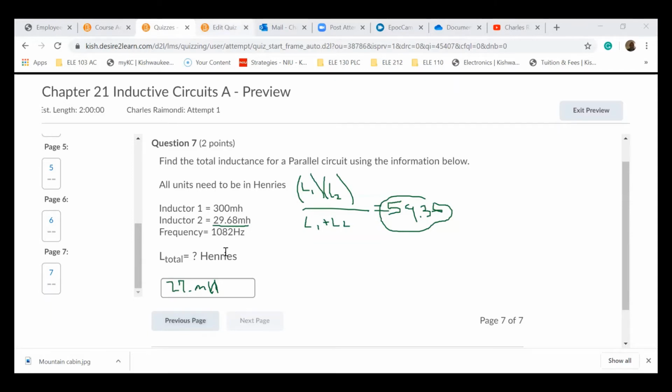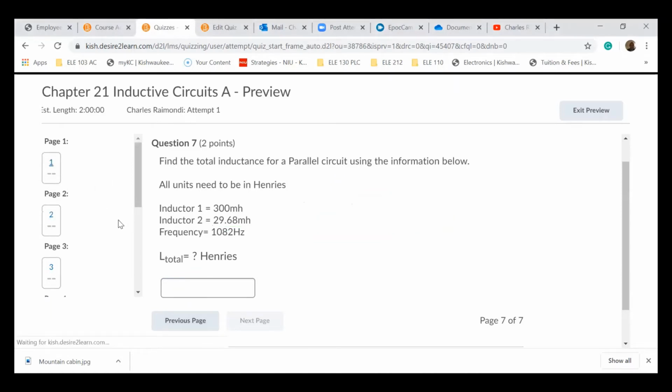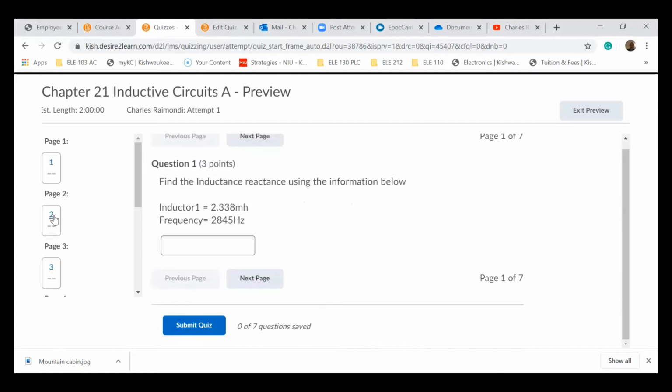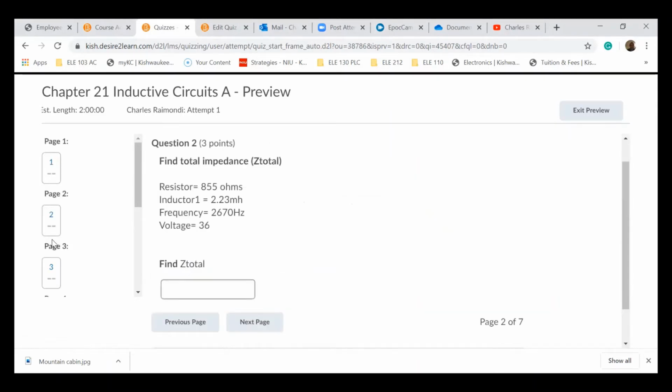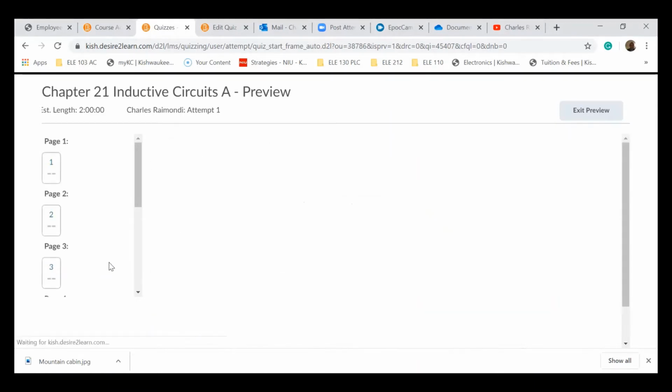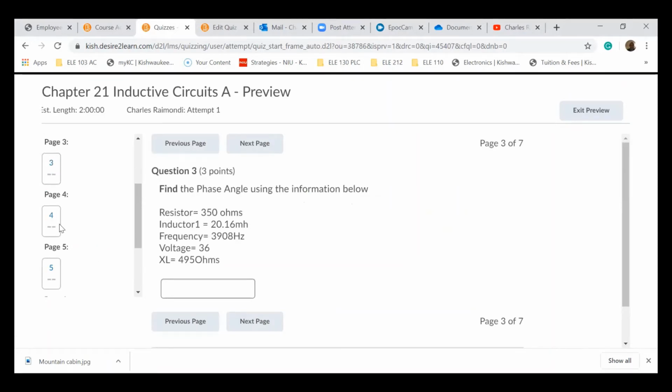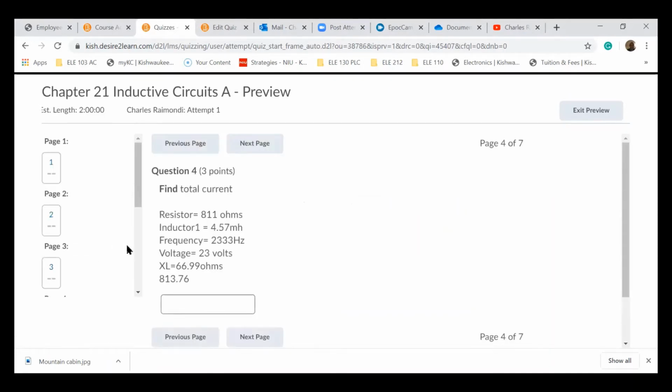All right, let's move on. I'm looking for one that I had on here. Number 4 actually gave us the answer, so I've got to take that one out.